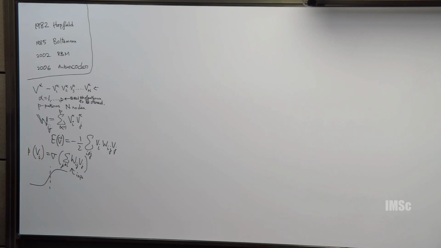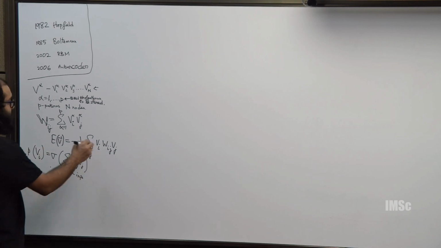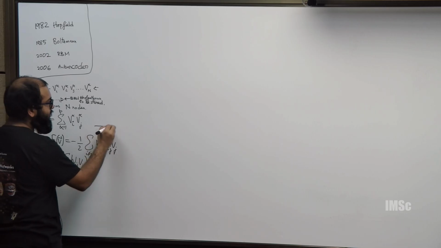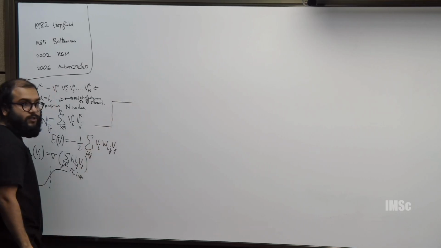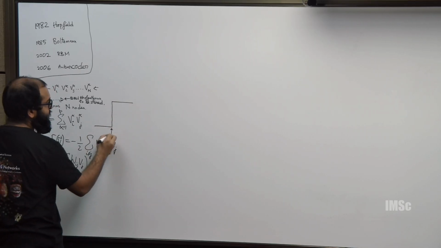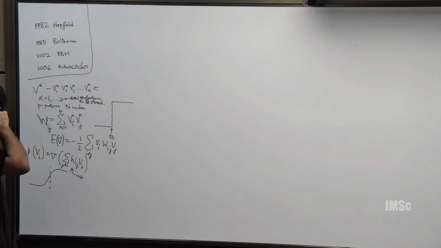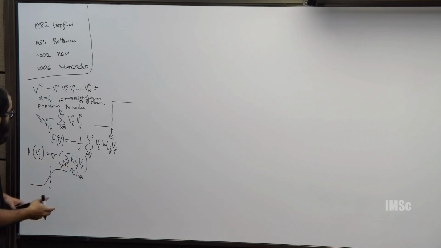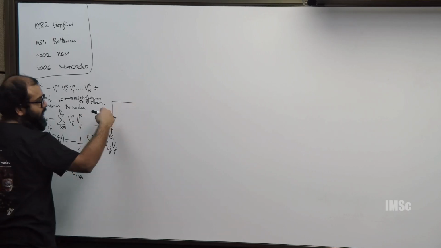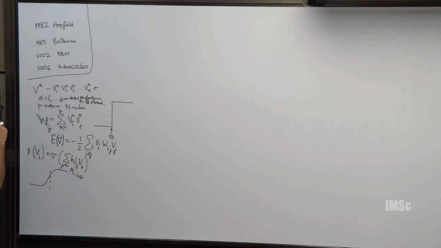Hopfield actually didn't use a sigmoid. He instead used a step function with a certain bias theta i. But in this case, we're not considering bias. But if you incorporate temperature in it, then your step function becomes a sigmoid, right?